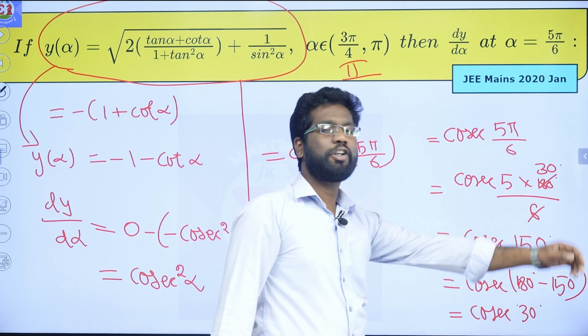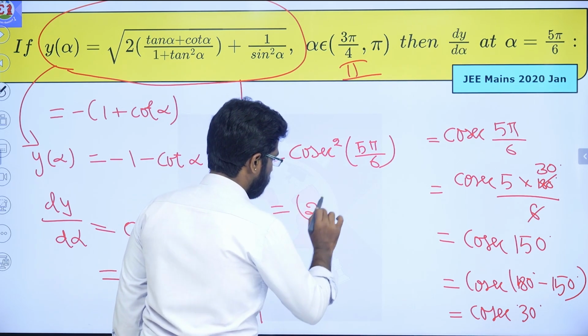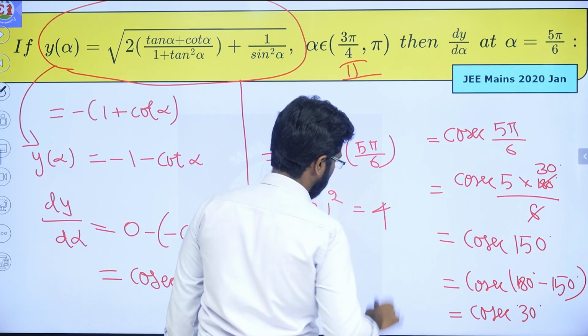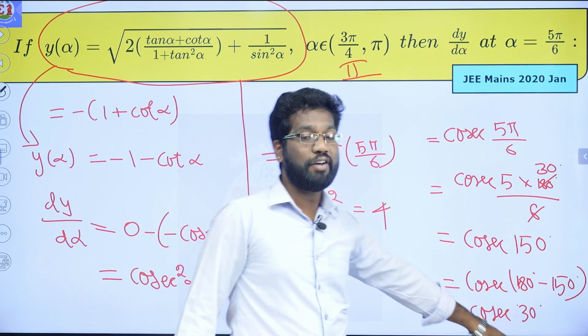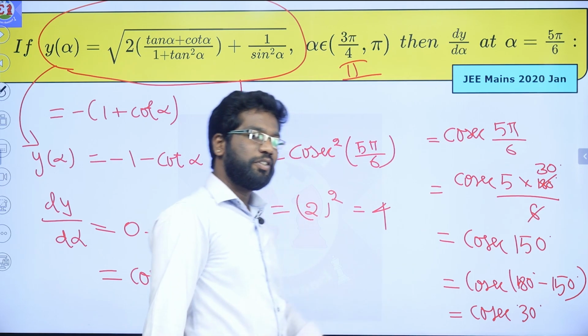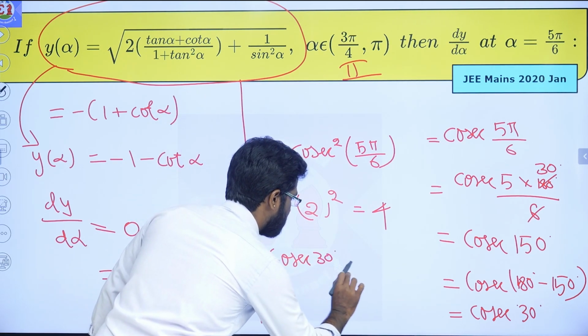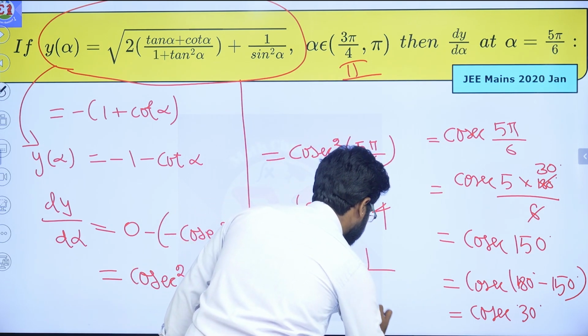So what is the value of cosecant 30, my dear students? The value of cosecant 30 is 2. So 2 square is equal to 4. Here some of you might have the doubt: how do you find the answer as 2 for cosecant 30? Cosecant 30 degree is equal to 1 divided by sin 30 degree.